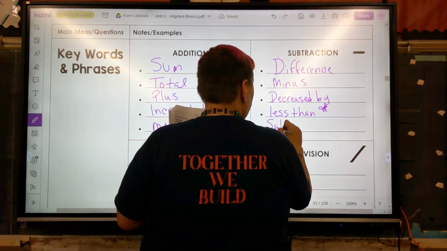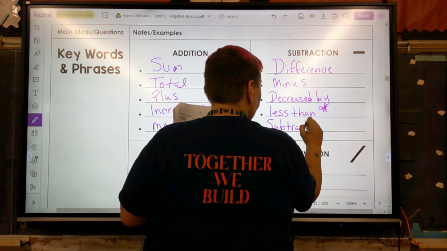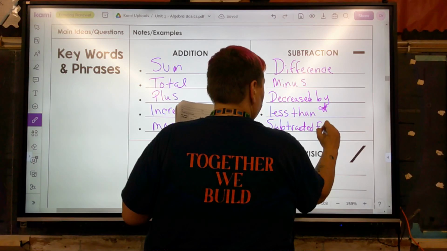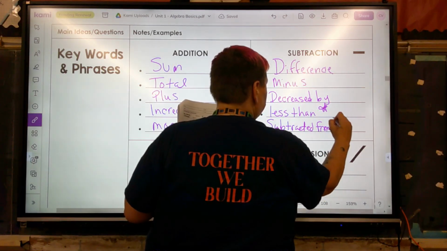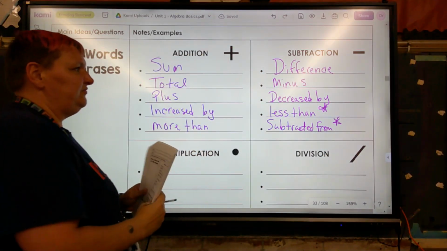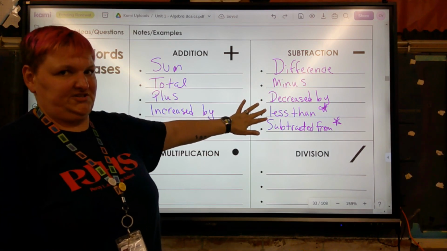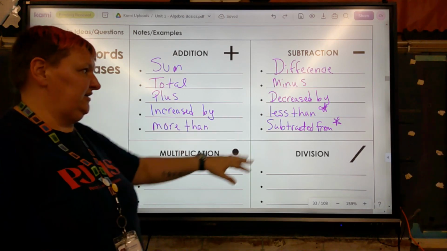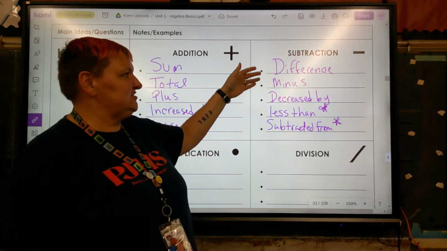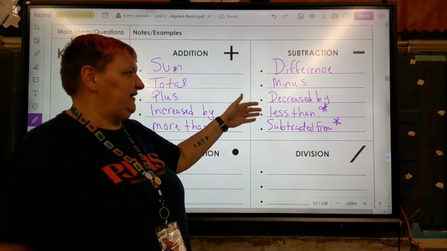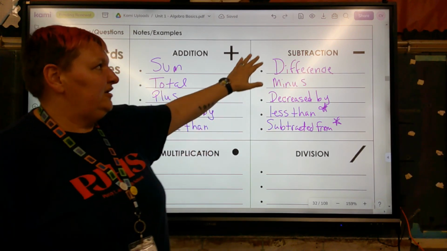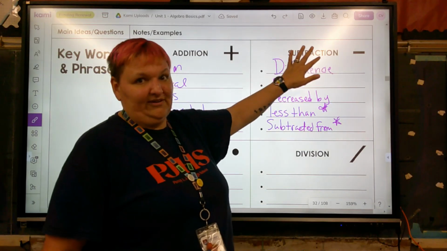Or subtracted from. Also gets a star. The reason these two get a star is because they change the shape of the equation, and I'll explain that in just a minute. So if you see difference, minus, decreased by, less than, or subtracted from, you're going to be subtracting something from something.